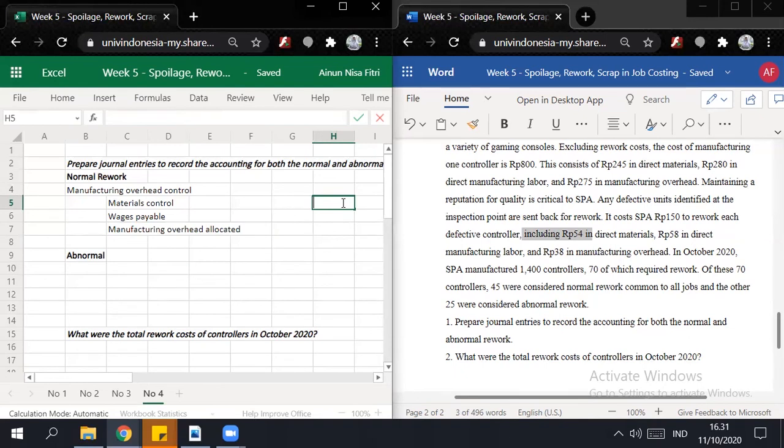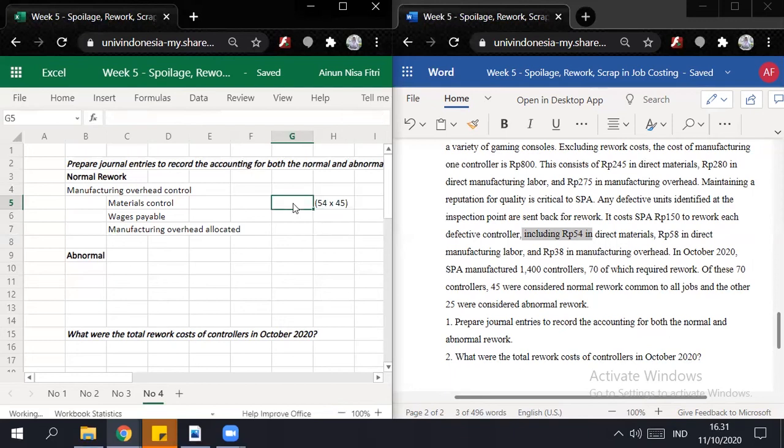In order to calculate the materials control, we need to multiply the cost of direct materials to rework the controller, which is 54, and then multiply it with the total normal rework, which is 45. So it is 54, the cost of direct materials to rework the controller, times 45, the total normal rework.